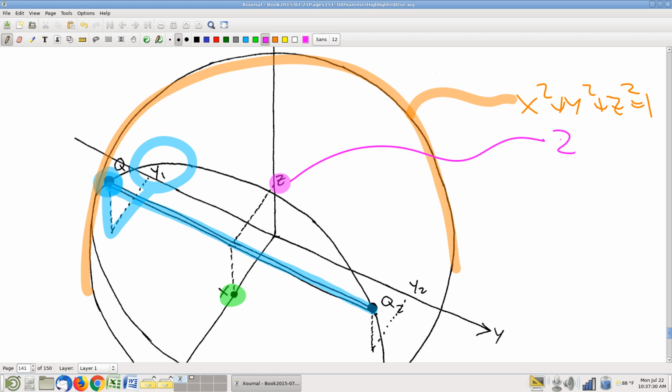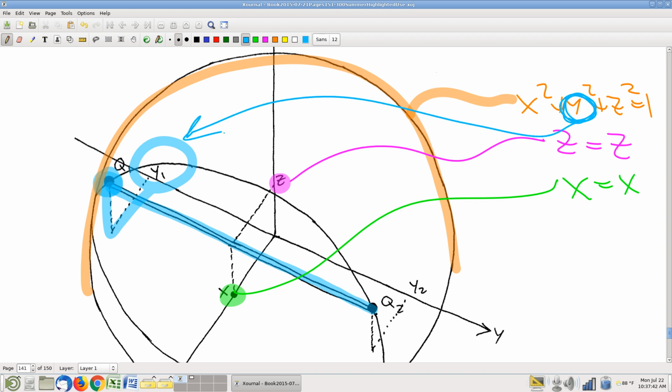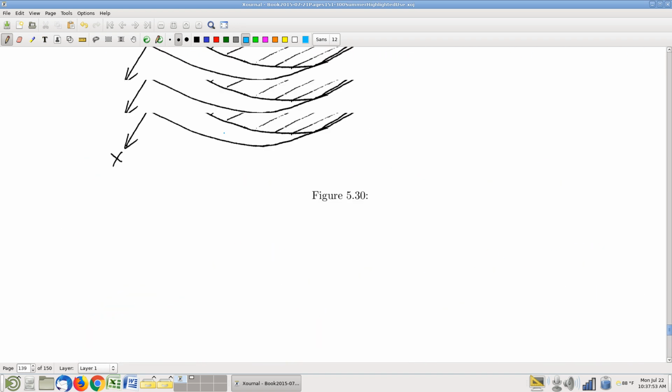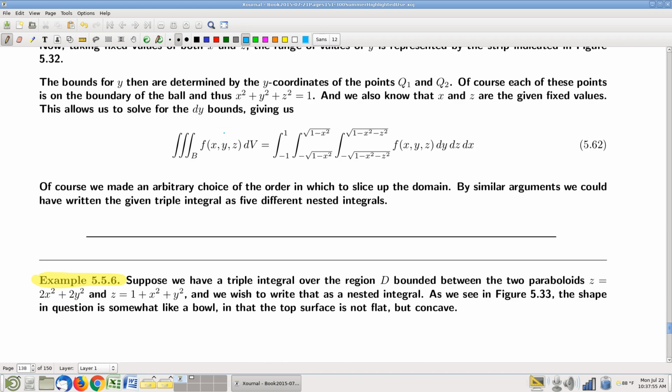Well, I know what z is. I know what x is. Again, we're looking for y bounds, so solve for y. And you get plus or minus square root of 1 minus x squared minus z squared. Here you go, y bounds are there.